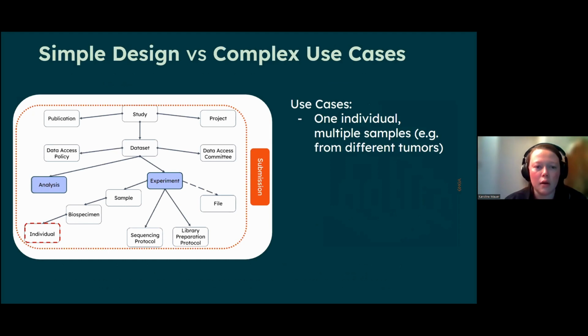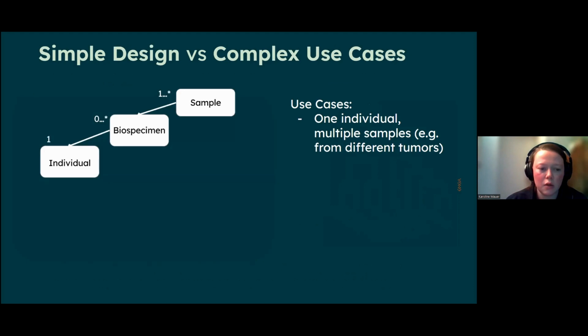Then our third trade-off is simple design versus complex use cases. And here I want to go over 2 use cases we ran into quite often. And one of them is that we have one individual that has multiple samples. For example, if we have a cancer patient that has several tumors and each tumor is then sequenced.